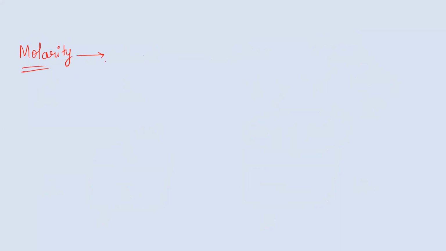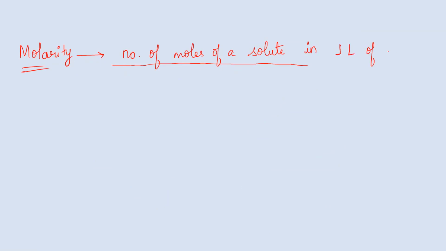So when you talk about molarity, what is molarity? As per the definition, it is the number of moles of a solute. Because when we are talking about making a solution, there will always be a solute and there will always be a solvent. So, number of moles of a solute in 1 liter of solution.